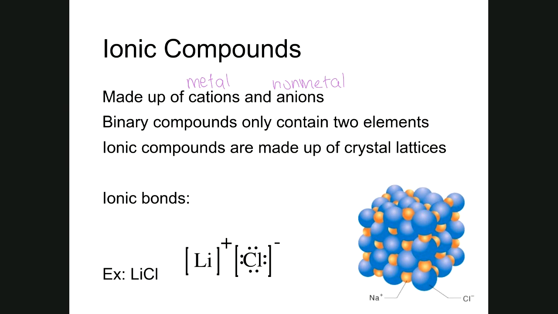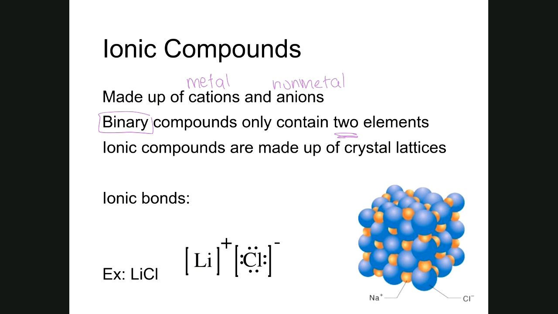Okay, so a binary compound, we know binary, bi means 2, so a binary ionic compound is made up of 2 elements. But the other types of ionic compounds that we can have are made up of polyatomic ions, right? Any kind of ion can create an ionic compound.